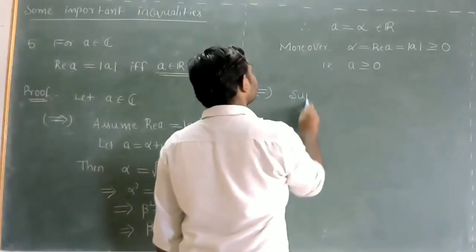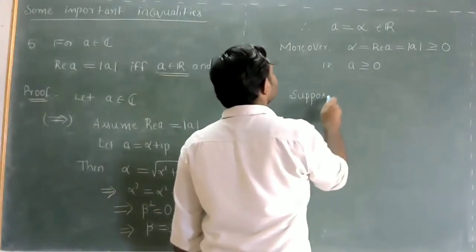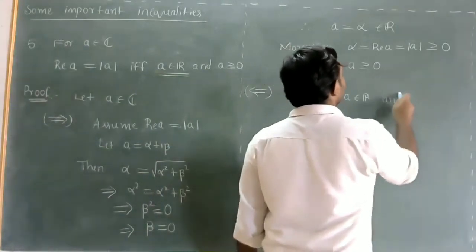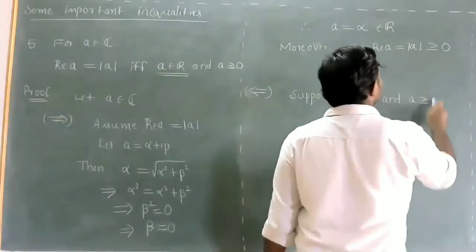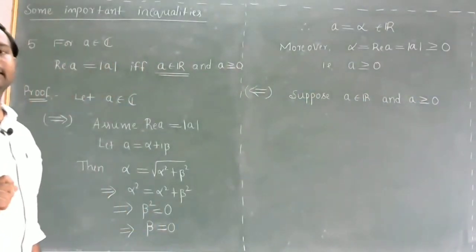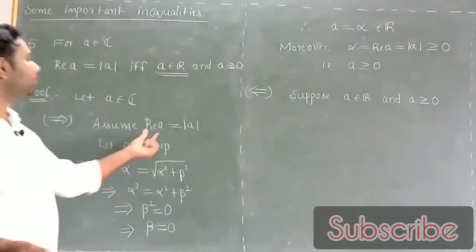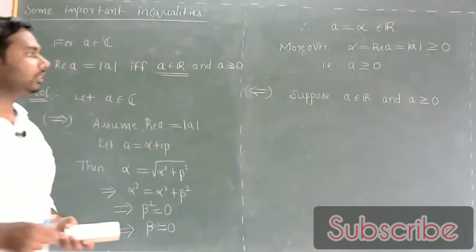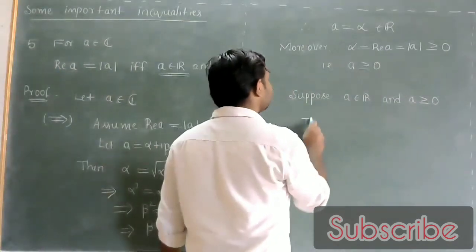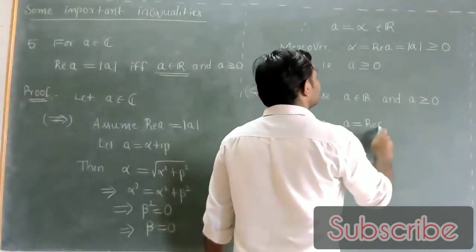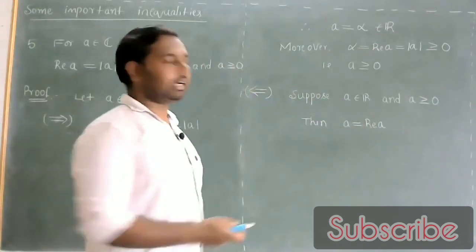Now conversely, suppose A is a real number and A is non-negative. Then we have to prove real part of A is equal to modulus of A. As A is a real number, A will be equal to its real part.